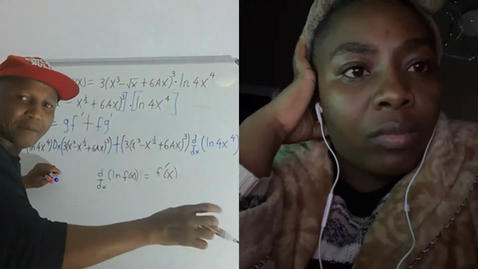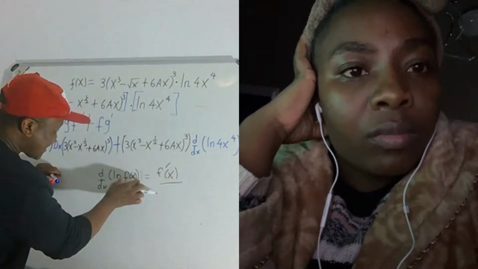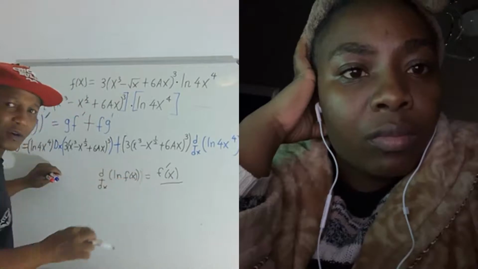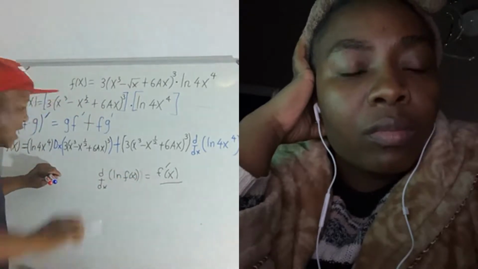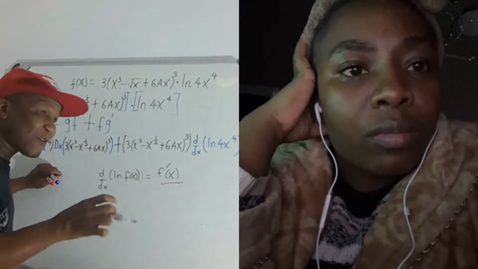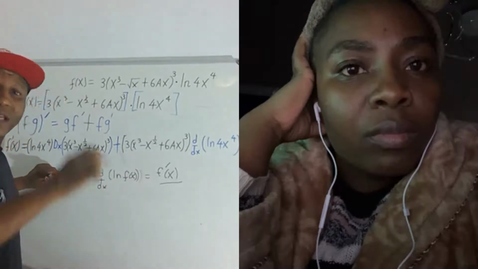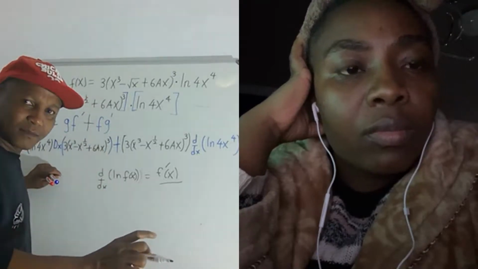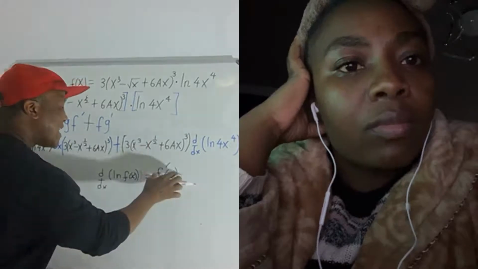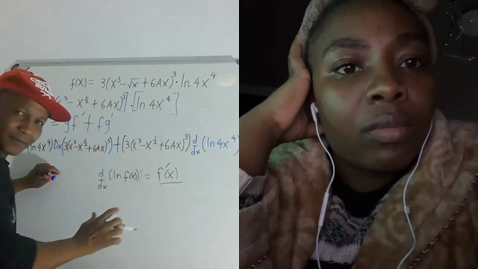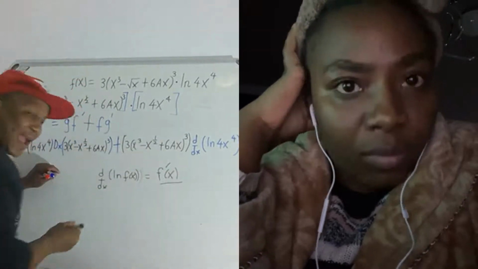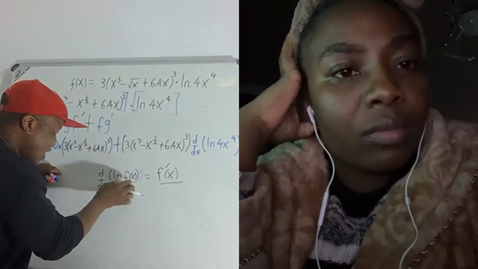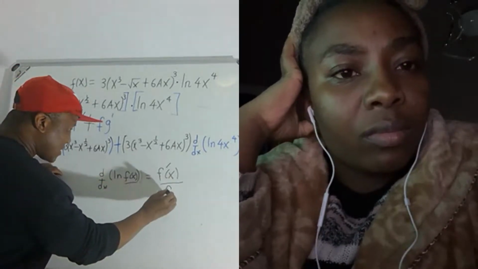So it's f prime. And then we put it over exactly what you have in front of the ln. Let me say it again. Ln of whatever you have in front of the ln, differentiate that, and then write the answer on top, and then write your function exactly. Don't worry about the norm, which for now is f of x.